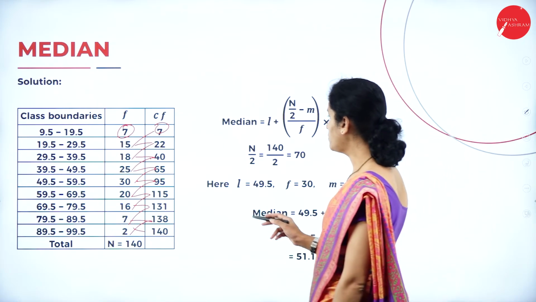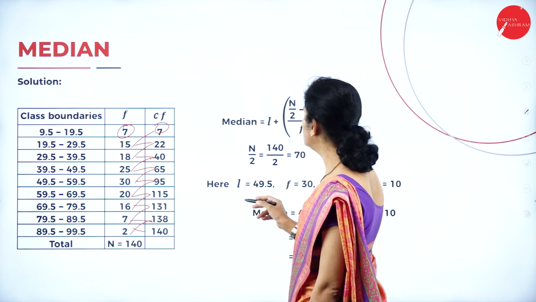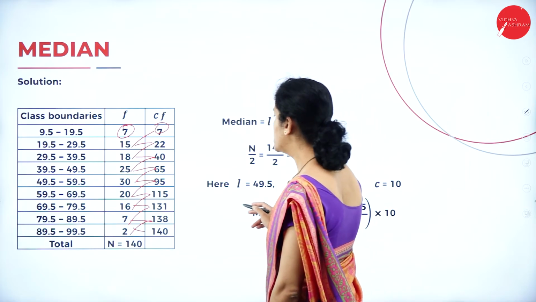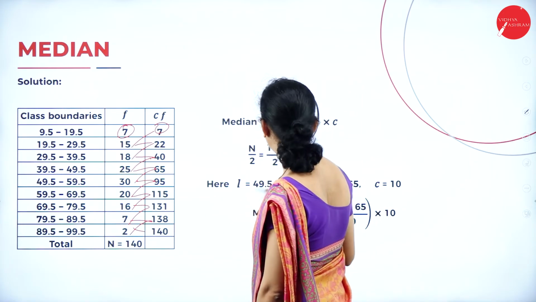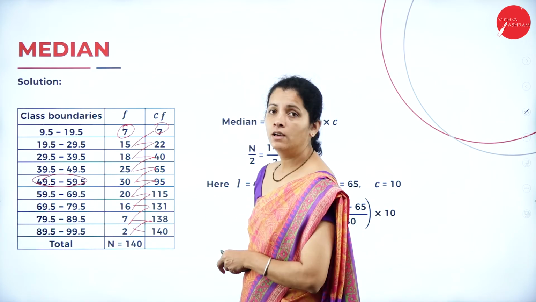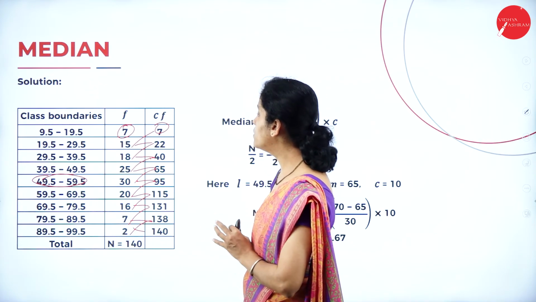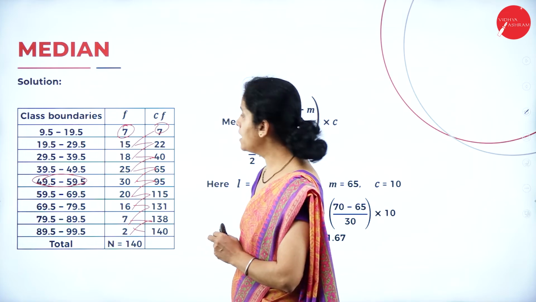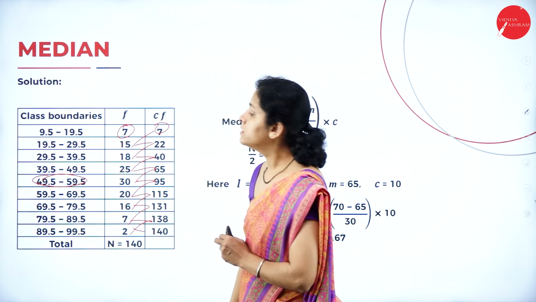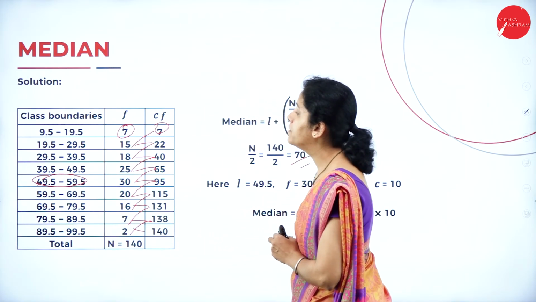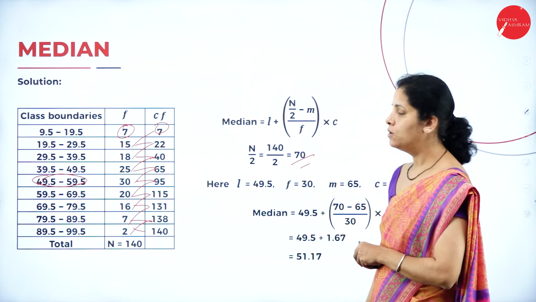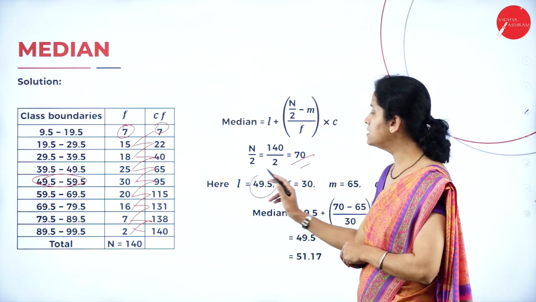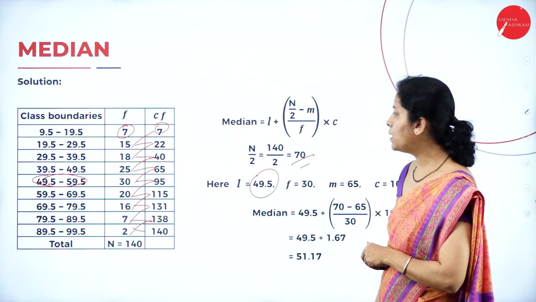Now, here, what is L? So here, and what is the median? Here it is 70. So dear student, I can consider the median class, that is 95. So 49.5 and 59.5. Okay, what is my lower bound? That is 49.5. And what is F?